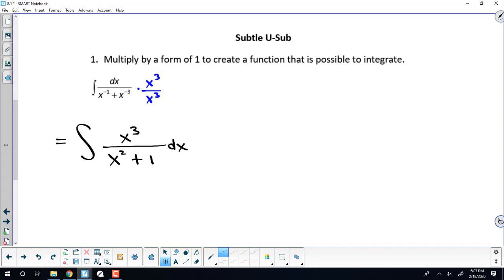All right, so it's important to recognize situations where you have an improper fraction. The degree of the numerator is larger than the degree of the denominator. So we'll say this is improper.